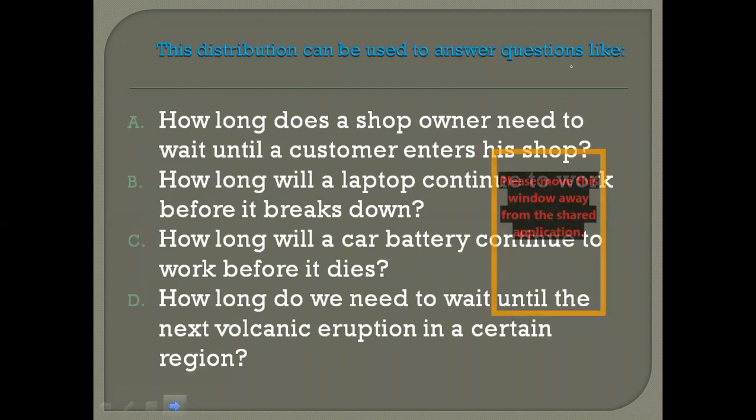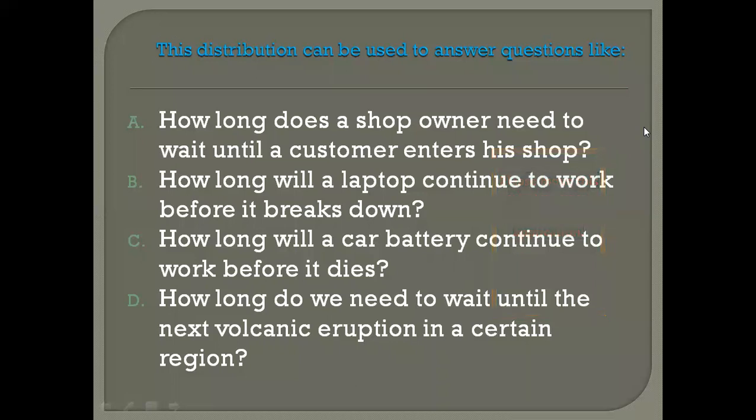Now, this is very important. Where does the exponential distribution help you? If you want to know how long a shop owner needs to wait until a customer enters the shop, you can use the exponential distribution because it tells you the probability of when the next event is going to happen.